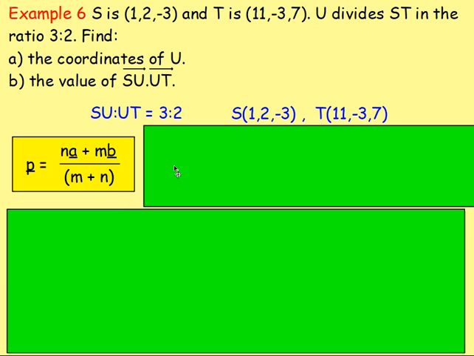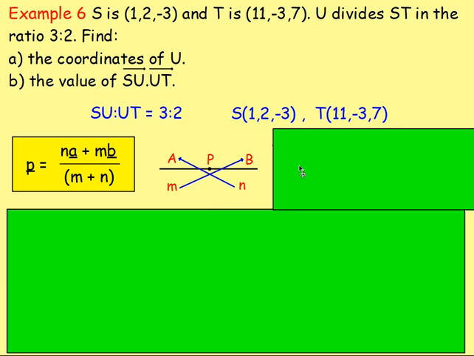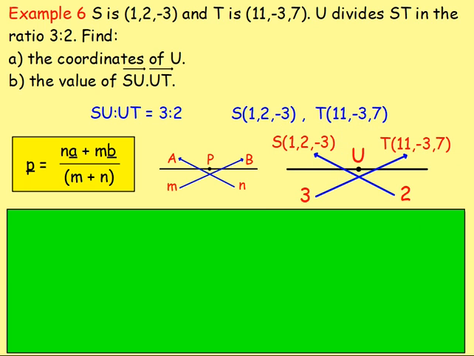That formula is not given in the exam, so I prefer thinking about this wee diagram. You're going to have the points A and B, you're going to have the ratio m to n, and point P will lie somewhere in between them. In this case though, we don't have A and B, we've got S and T, and we have the ratio 3 to 2. And the point between them is called U.